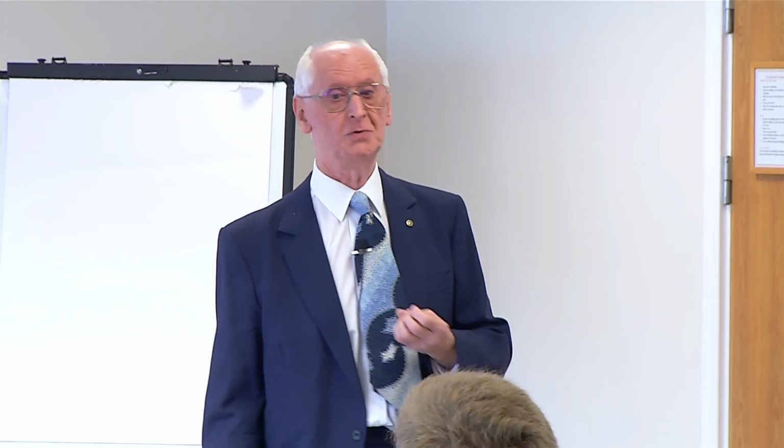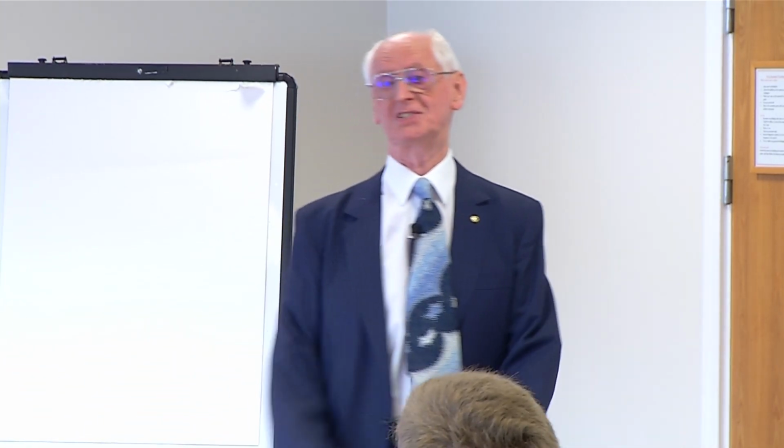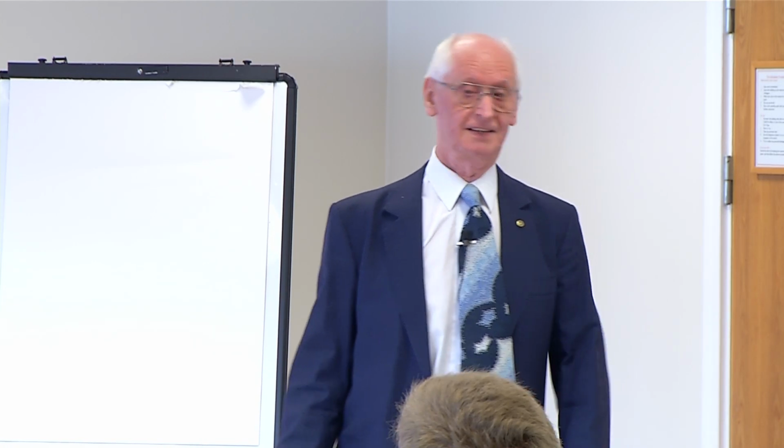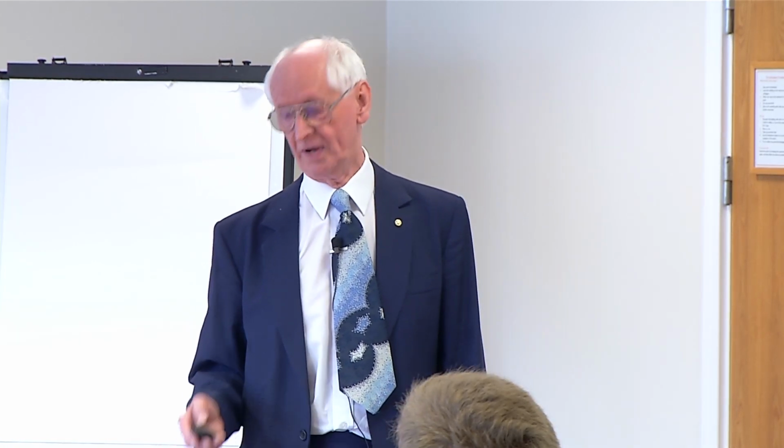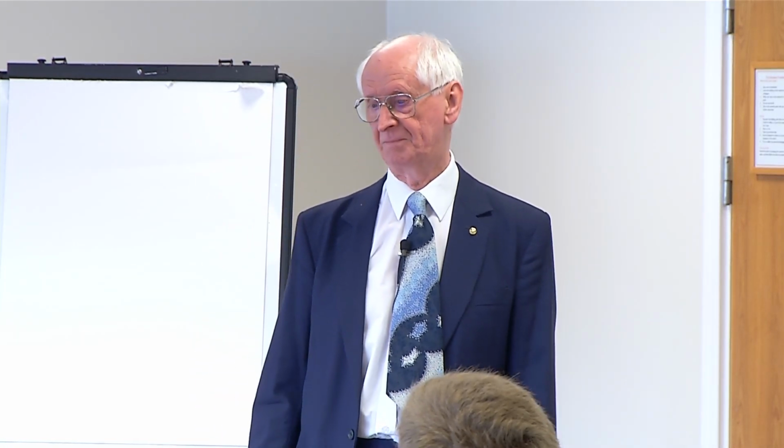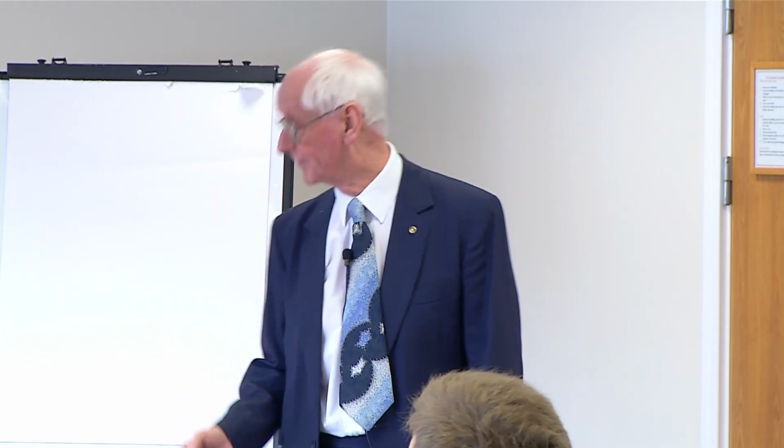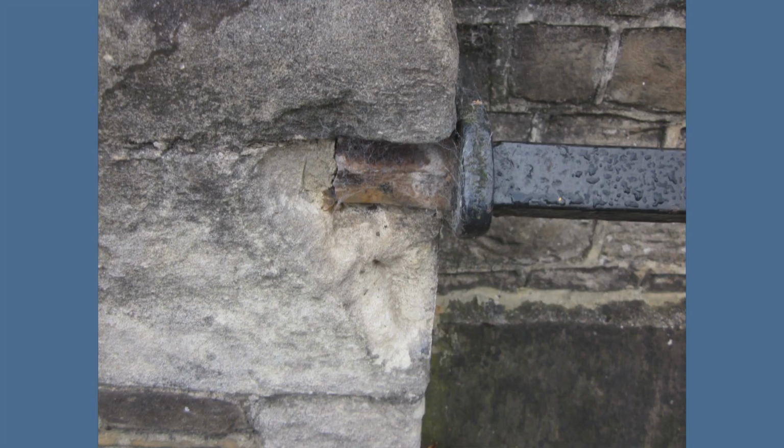Now the first one we use, which we use every day, of course, is steel. And iron and steel rust quite happily, as you will see. And on this one, this is a fixing through here into a stone column. You can see here where the stone has been blown off by this patch of rust a long, long time ago, because it's now been colonised.